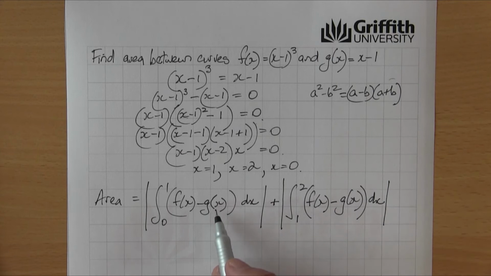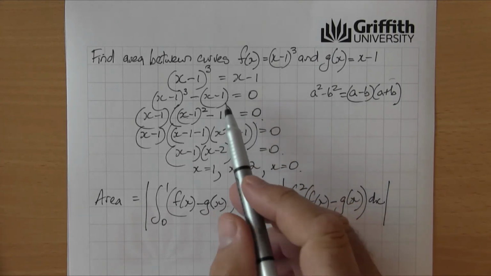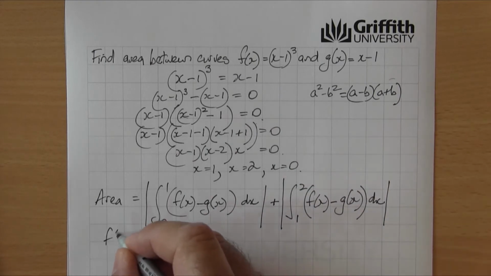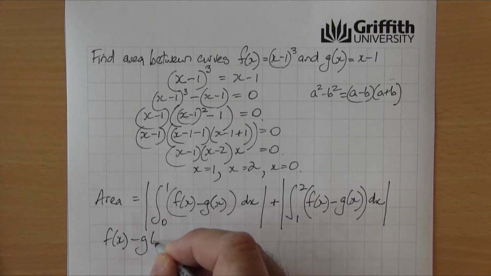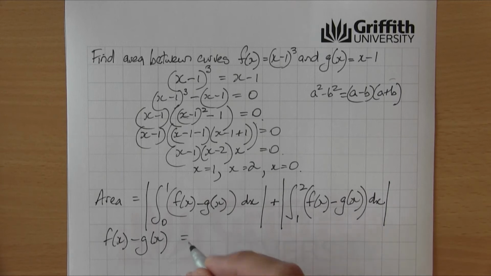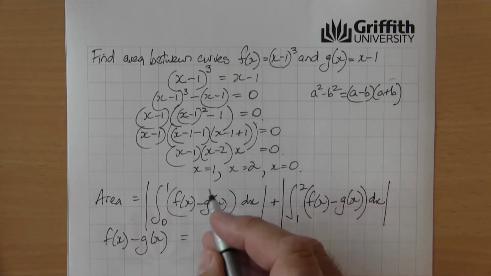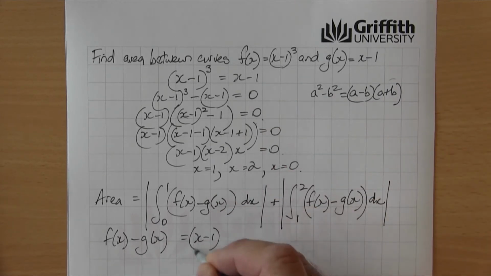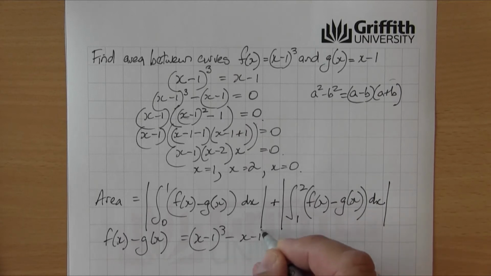It would probably help us to work out what f(x) − g(x) actually is in terms of x, as this will simplify the integration part. f(x) − g(x) is (x − 1)³ − (x − 1).